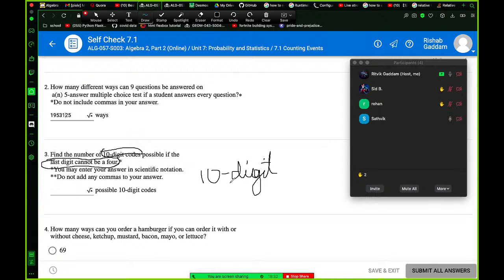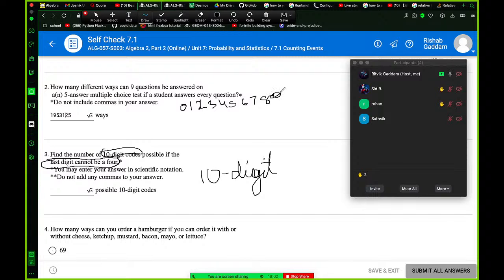I don't know how to do it, so can you tell me how to do it? Okay, sure. So there's 10 digits, and this is like a number combination thing. There's 10 possible one digit numbers: 0, 1, 2, 3, 4, 5, 6, 7, 8, and 9.